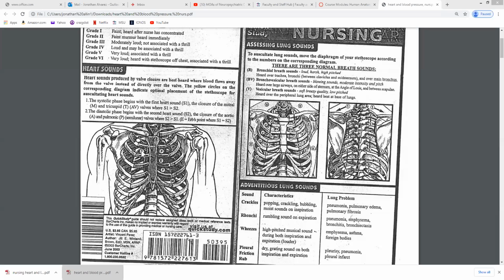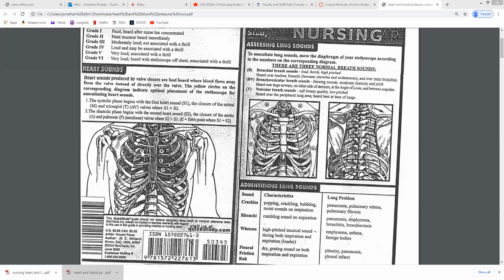Now, that's not where the aortic valve is physically located. That's just where you hear the sound the best. So, second intercostal space on the right, aortic valve.